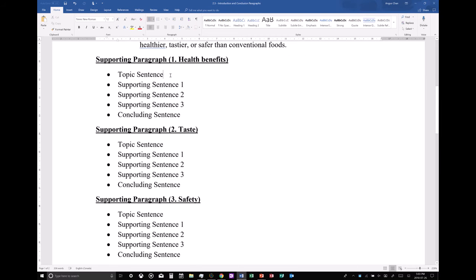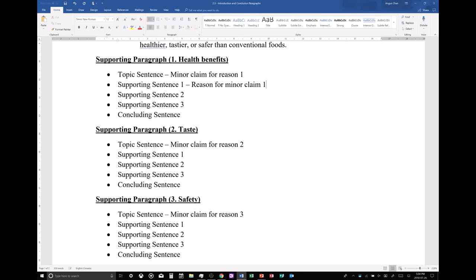So first one, I'm going to need minor claim for reason 1. Okay, and here you're going to have minor claim for reason 2. Minor claim for reason 3. Then here we're going to have reason for minor claim 1.